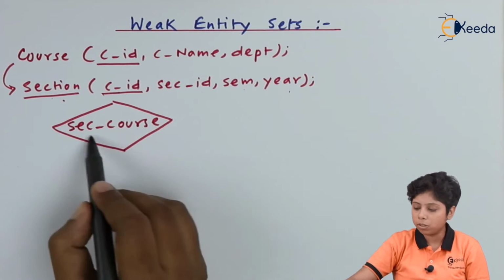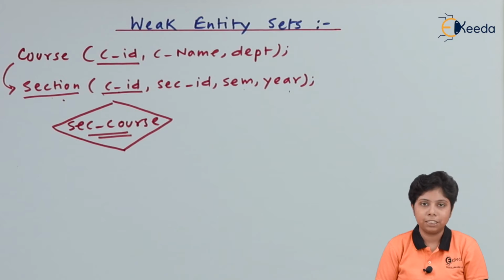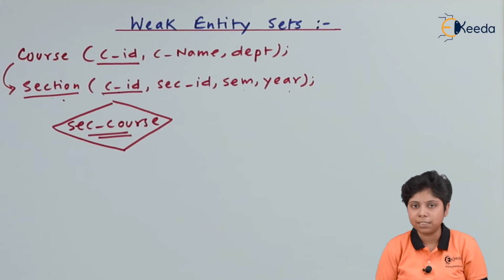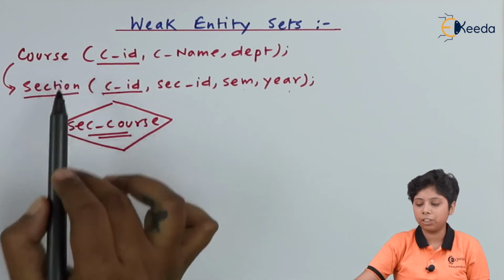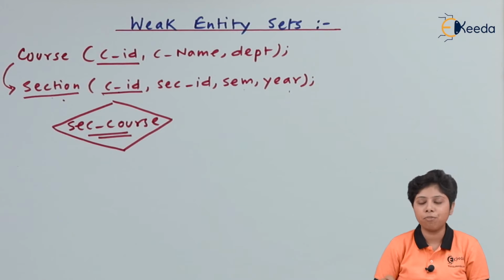So the sec course is generally redundant. What do we mean by redundant? That the information is getting duplicated. We do not need an explicit relationship set between section and course, as we can refer to which course a section belongs by the course ID of that particular course.